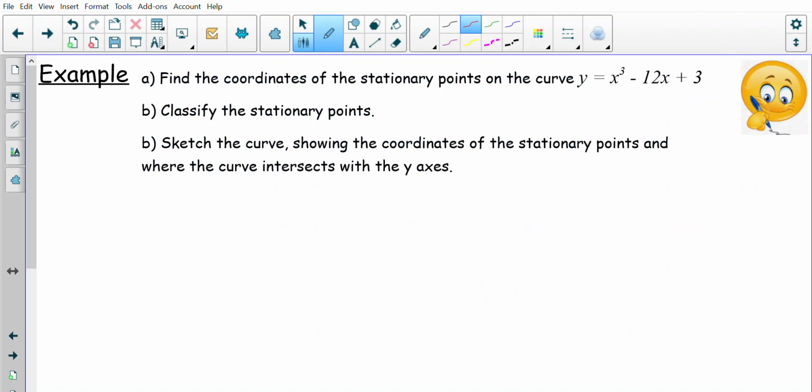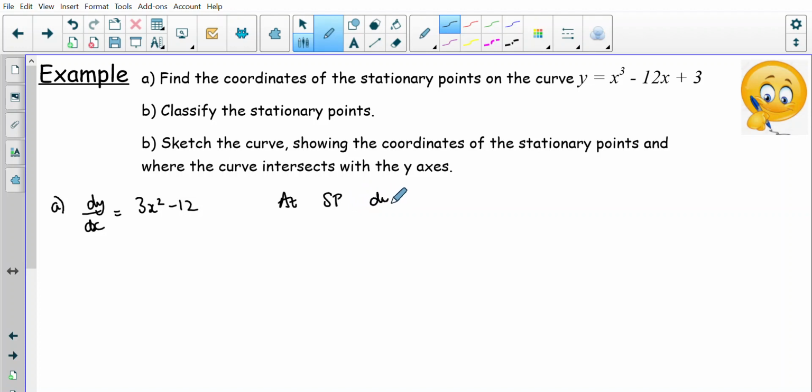So let's go through this example here. Part A wants us to find the coordinates of the stationary point. The first thing we have to do is define the gradient function, dy by dx, and then we write at a stationary point, and we can write SP for short for stationary point.